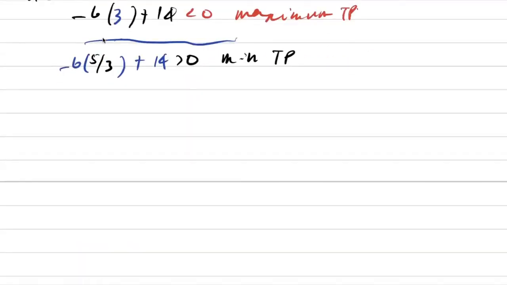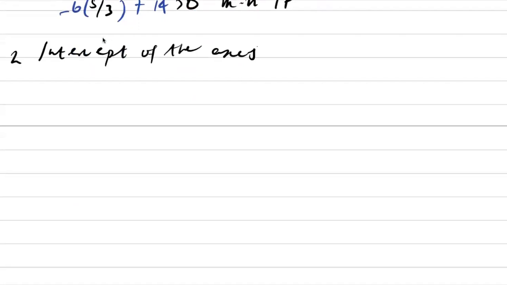Now with that, we're looking for the intercepts of the axes. We started with the x-intercept and the y-intercept. So I'm just going to do the y-intercept. We're going to let x equal 0.